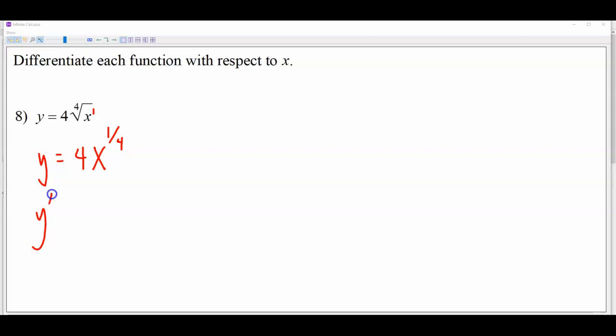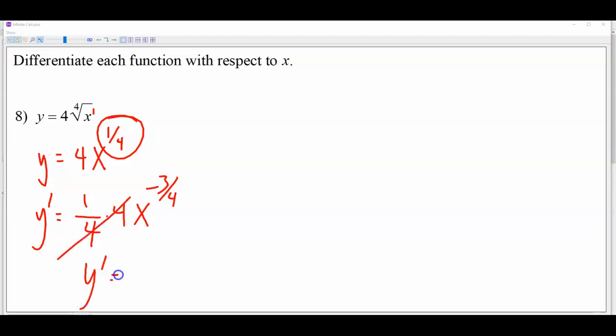Now we're going to do our power rule, which is you're going to multiply that 1/4 to the front number, which is 4. And you're going to subtract 1 from this power. Once again, the shortcut is top minus bottom divided by the bottom. So it's -3/4 now. The 4's cancel, and I'm left with y prime equals x to the -3/4, which once again can be written like this if you want to have a positive exponent.